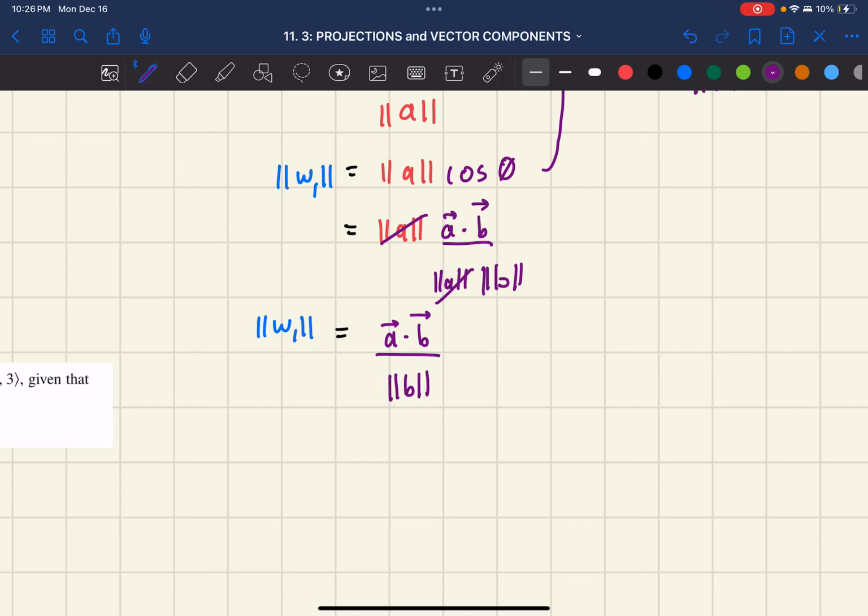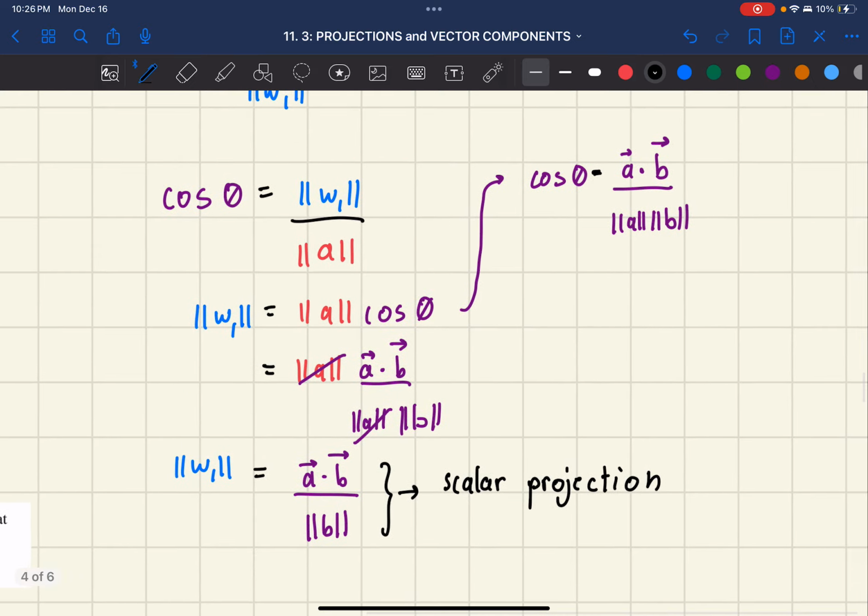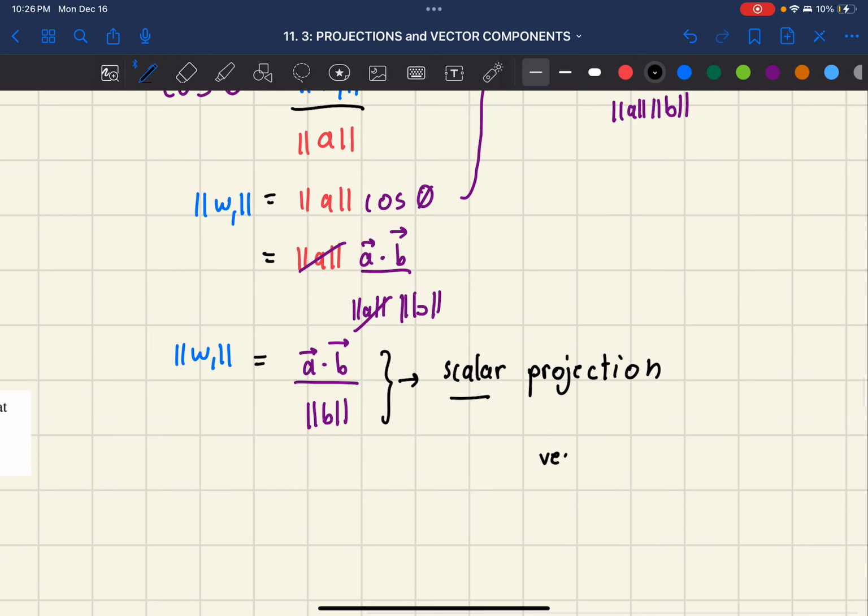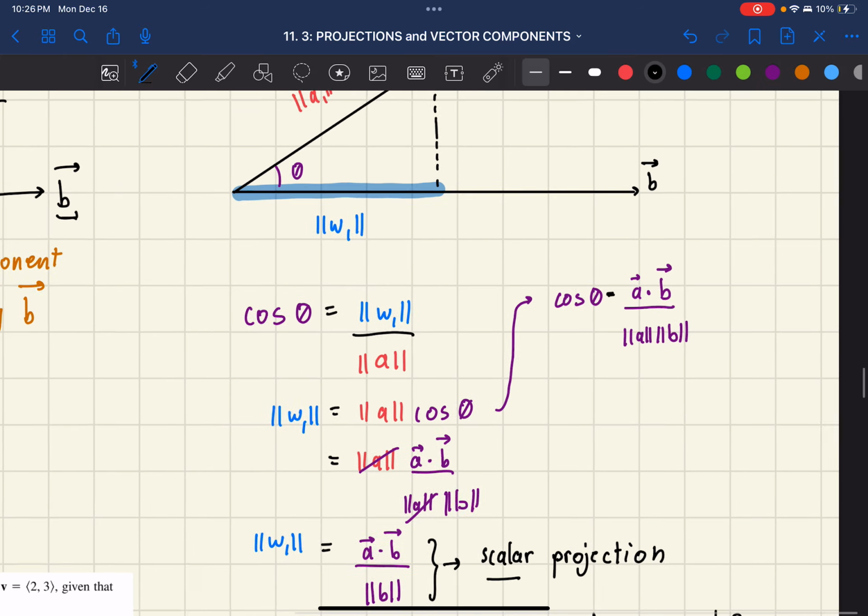Now, are we done? Not at all. This over here is just the scalar projection, because all we're dealing with here is the magnitude, or the length of the shadow. But vectors are not scalars. They have direction. So how can we incorporate direction into this formula?